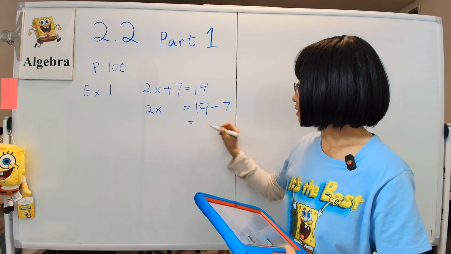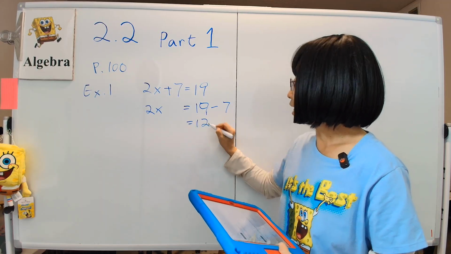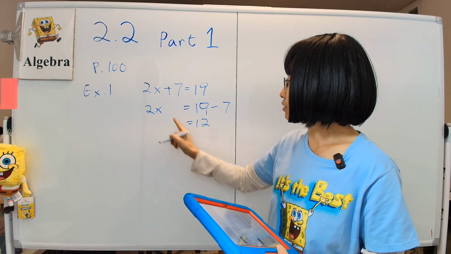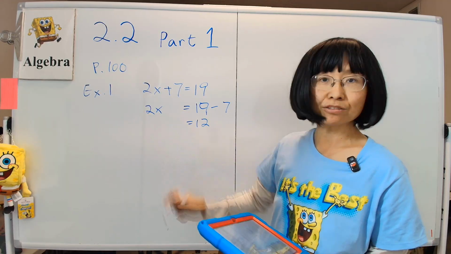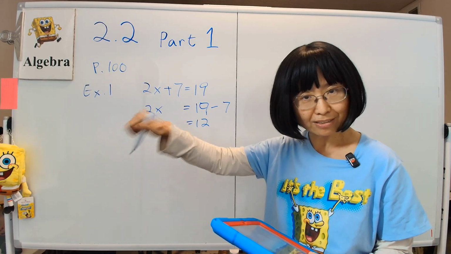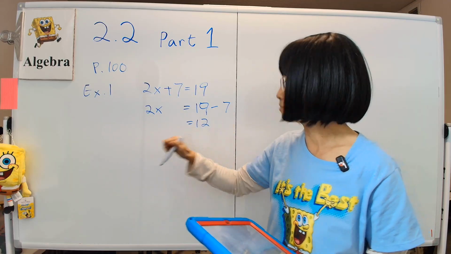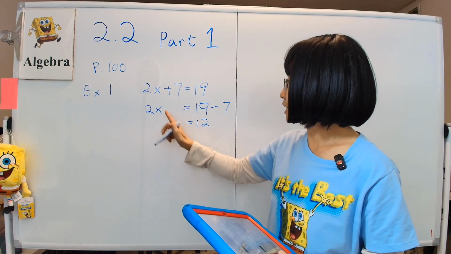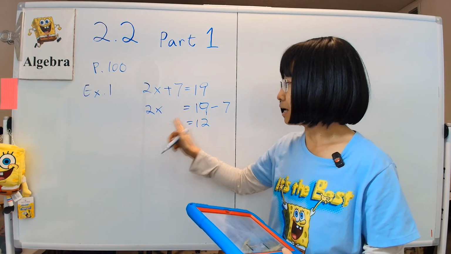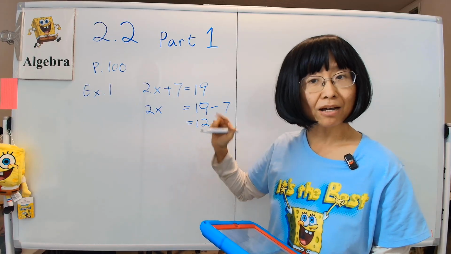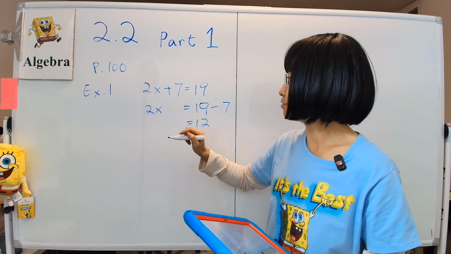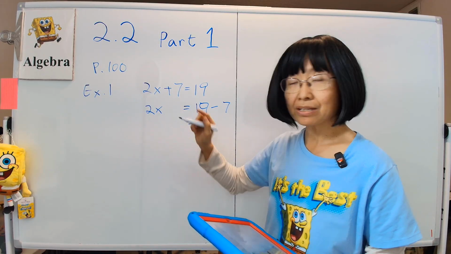We'll do the math here. That becomes 12. Then the next thing is that there's a 2 attached to x, and we need to isolate x from everything else that's stuck to it. We want x alone on one side. That's how we solve the equation: get rid of everything around x.